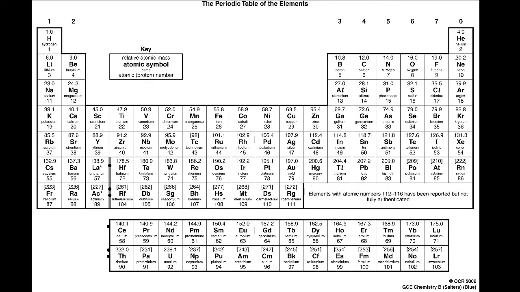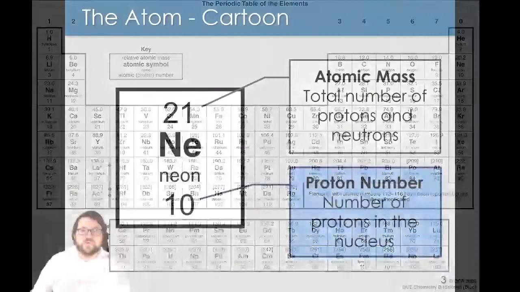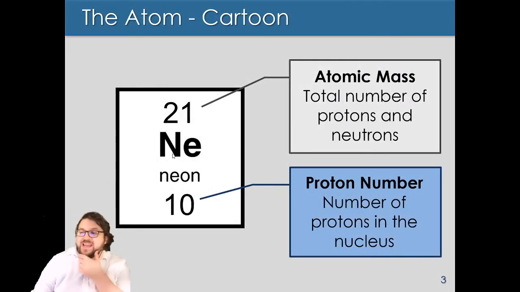So we have to use some symbols with two letters in them. So here, Ne, neon, we have the proton number at the bottom, which is the number of protons in the nucleus. And the atomic mass at the top, that's the total mass of a nucleus of this type of neon. And that'll make a little bit more sense in a second.